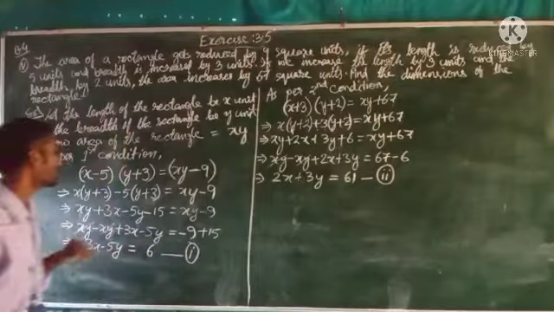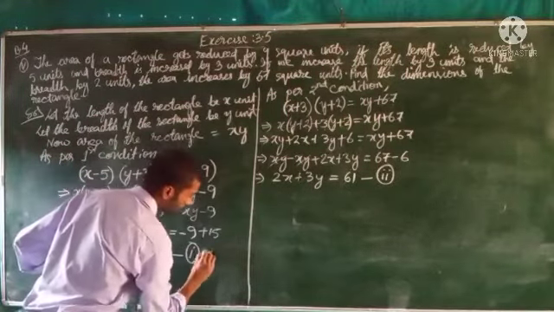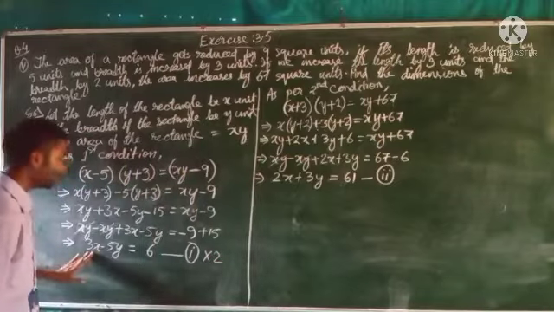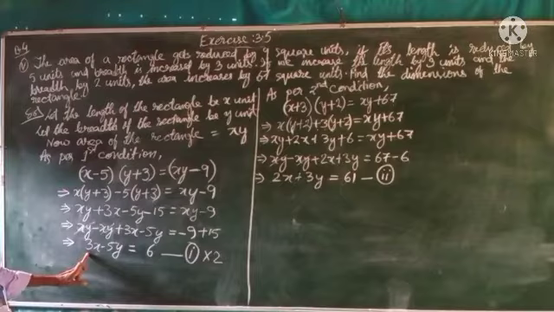Now we will multiply equation 1 with 2, and equation 2 we will multiply with 3.